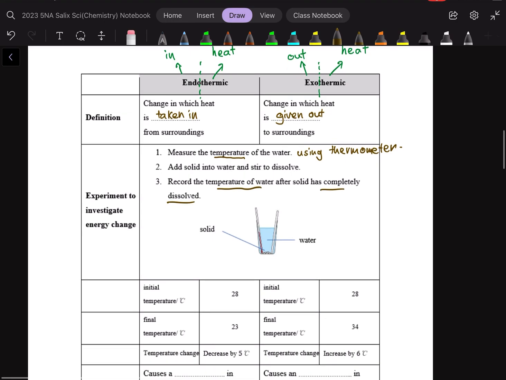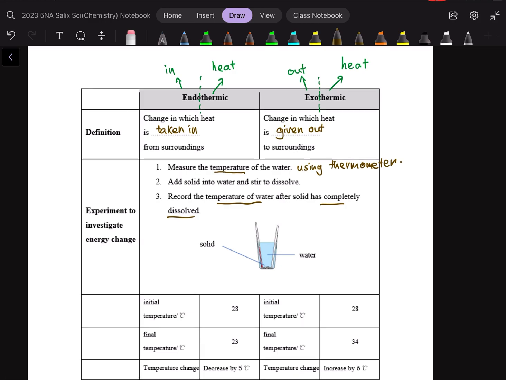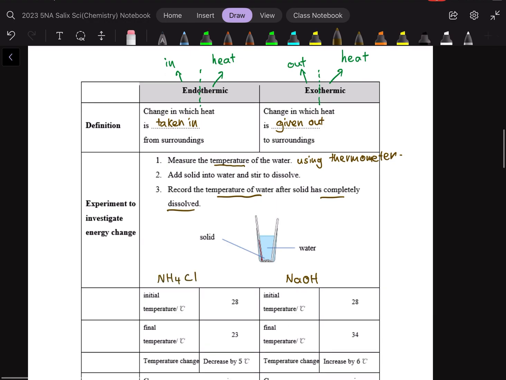For the endothermic case, you are adding ammonium chloride, you should know the name by now. For the exothermic one, you are dissolving sodium hydroxide, NaOH.